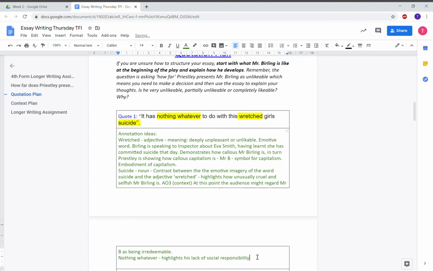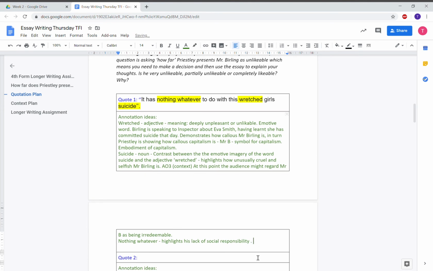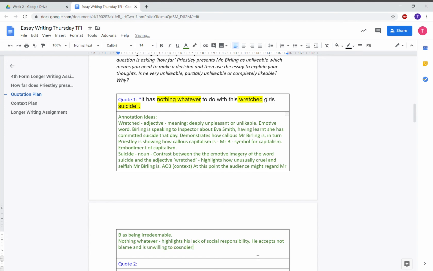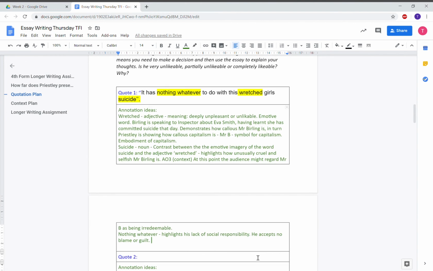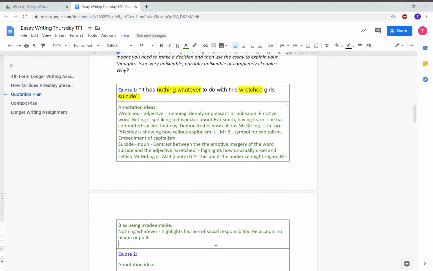Okay, he accepts no blame and is unwilling to consider his own guilt. He accepts no blame or guilt. I wanted to condense that slightly because we're not writing the essay here, we're just taking some notes, okay?